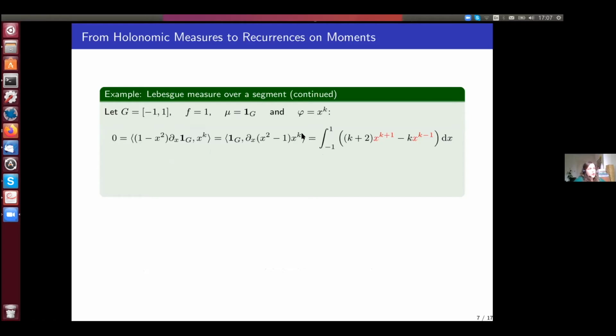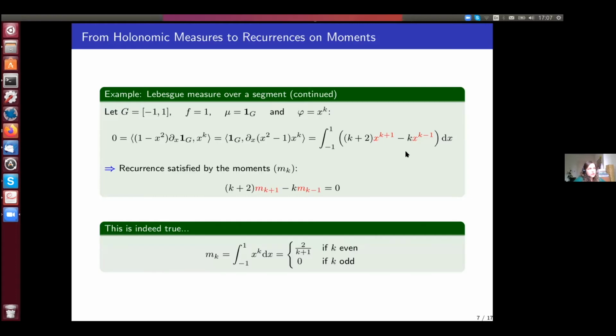And when we consider a test function as a monomial of degree k, this translates to a linear relation between the moments, because we only have derivatives and multiplications with respect to polynomials, and this gives polynomials, and then we have the final recurrence between the moments. Of course, we can verify that the recurrence that we obtain is true. So with this process, we are able to first create an annihilator for a given measure, and then to apply this annihilator to polynomial test functions and to build recurrences for the moments.